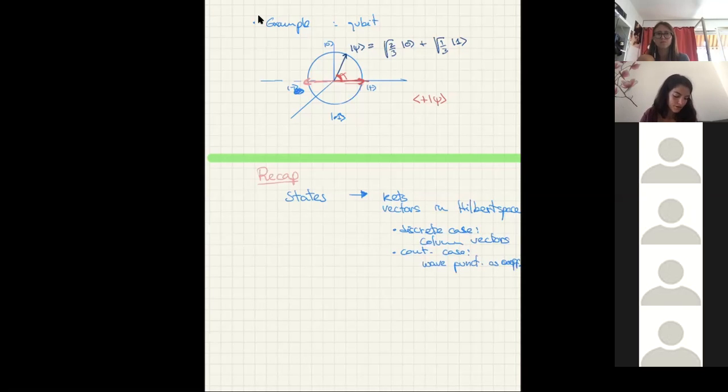Then we saw that when you do a measurement, the probability is given by some sort of inner product. And we saw this with respect to a basis measurement. And then we saw the coarse-grained case.